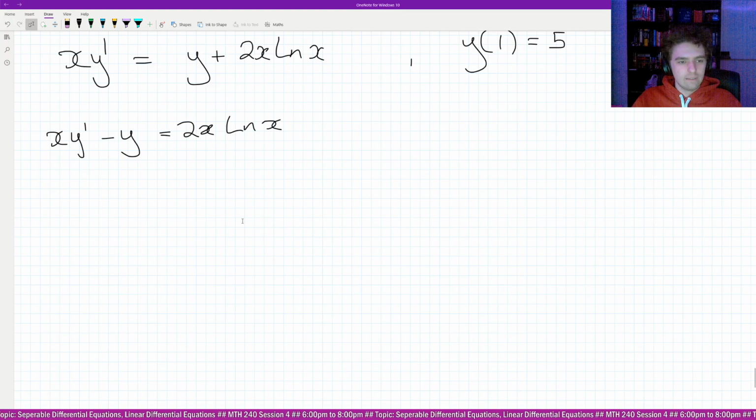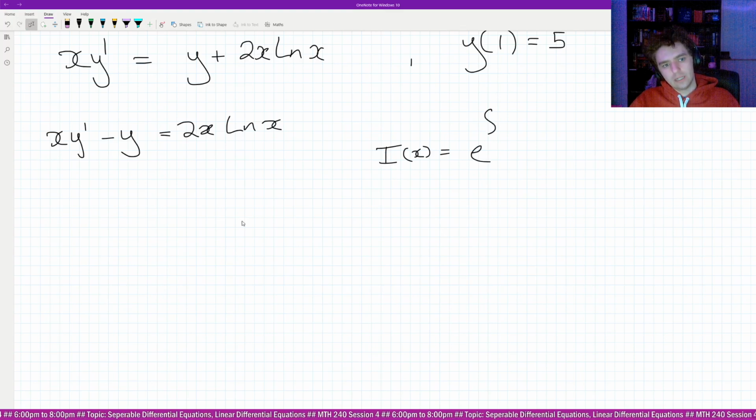So to solve for y here, we do our method, which is getting the integrating factor, which is e to the integral p of x dx. In this case, p of x is just negative 1. So e to the integral of negative 1 dx, which is e to the negative x.